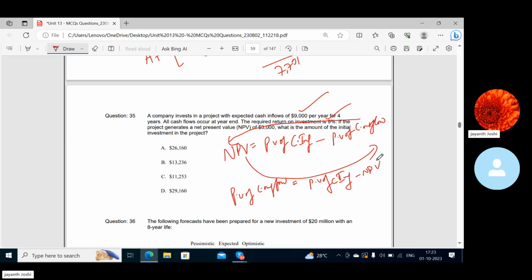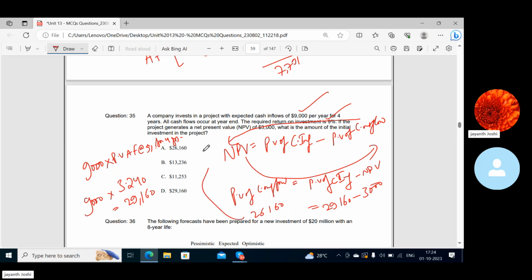Correct or wrong? Correct. So present value of cash inflows: 9,000 into present value annuity factor at the rate of 9% for 4 years. So what is that? 9,000 into 3.240. So how much that will be? 29,160. So 29,160 minus 3,000 will give you that answer, and that will be 26,160.